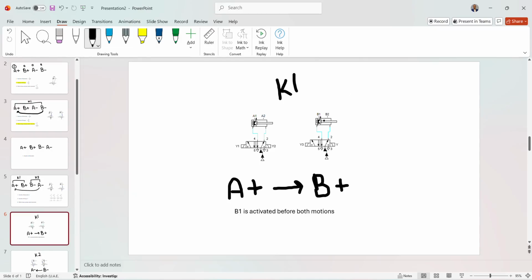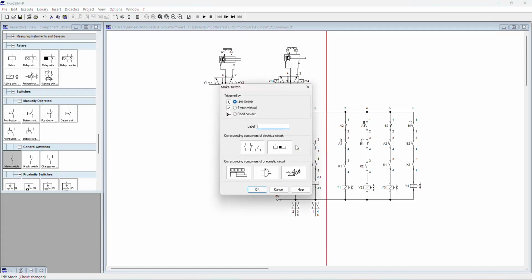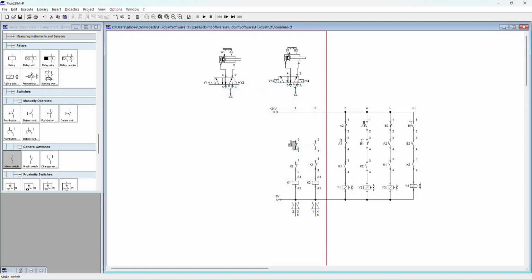So what is the right thing to add? It's B1, the one that maintains the position until K1 is deactivated. Which cylinder do I need to maintain the position? I need cylinder B to maintain the position, not cylinder A, because cylinder A will initially extend before cylinder B. So the one that maintains position is cylinder B. Therefore, the limit switch here will be activated by B1.